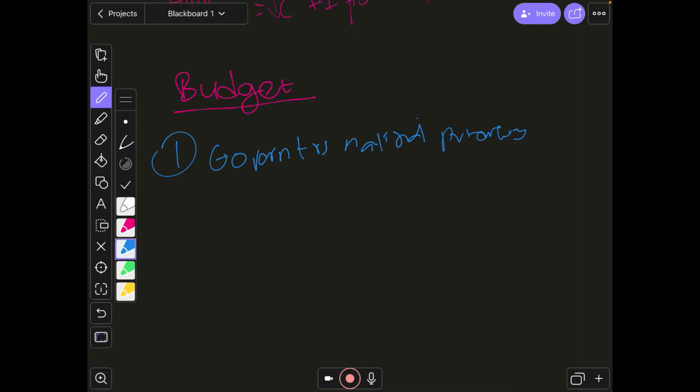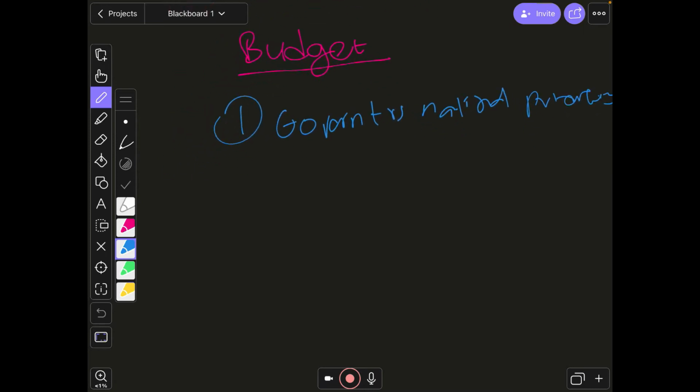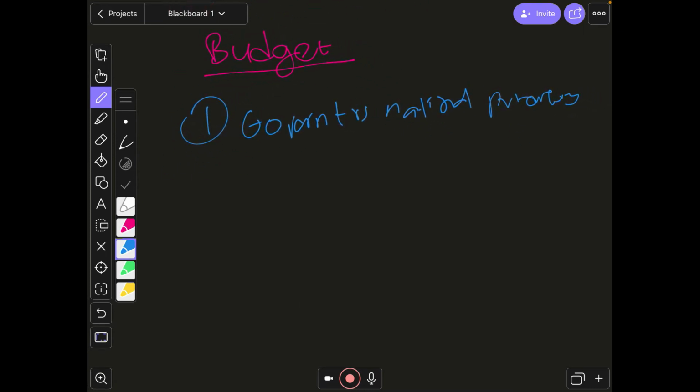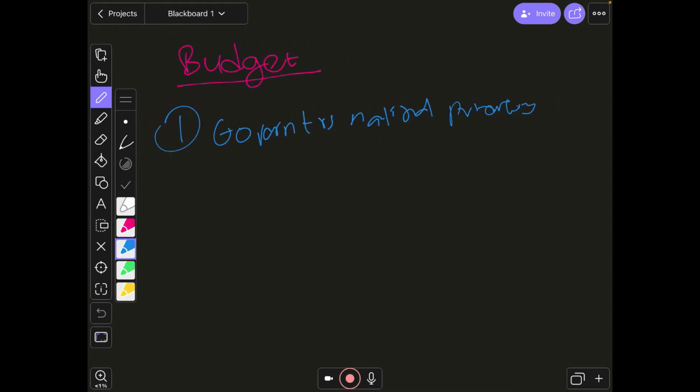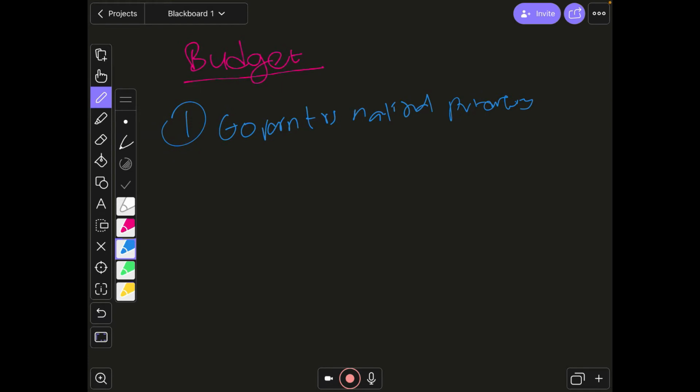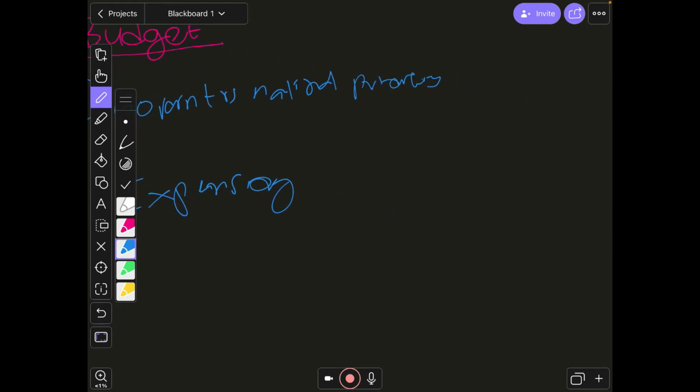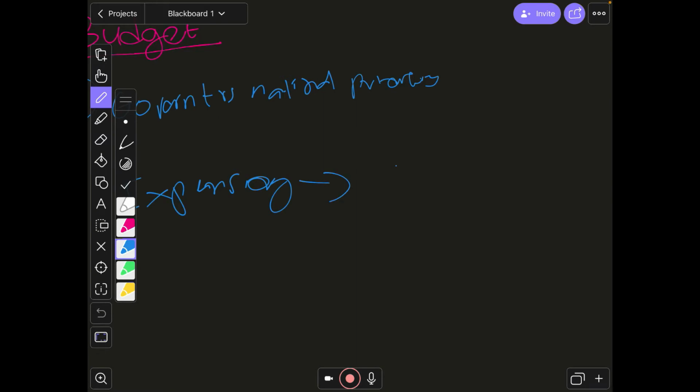And more importantly, the budget documents the government's fiscal position, showing whether the government will choose an expansionary fiscal policy path or a contractionary fiscal policy path. Because if the government does choose an expansionary fiscal policy path to increase aggregate demand, we'll be looking at more government expenditure as compared to tax revenue.